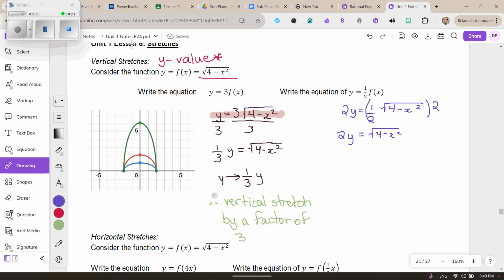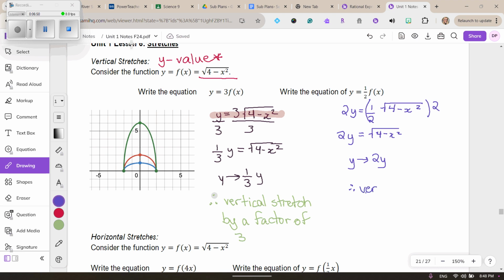equals 2y. So now I can see that my replacement notation is y is replaced with 2y, which causes it to have a vertical stretch still, but now the vertical stretch is by a factor of 1/2. So anytime we have a number less than 1, it means it's going to basically squish it down rather than expanding it.